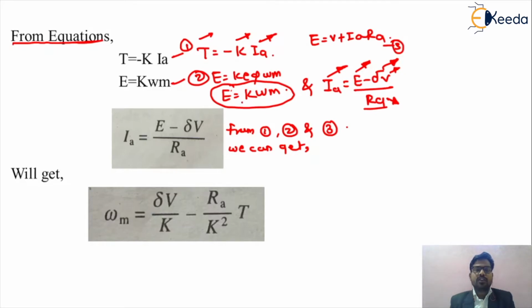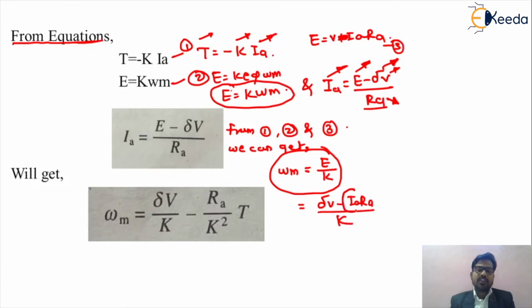So friends, if you want to get the torque speed relationship, from equation number 2, omega m is equal to E divided by K. Now we can substitute the value of E into that equation. The value of E is V minus IRA, where V is replaced by del V. So we get omega m equal to del V minus IA RA, divided by K.